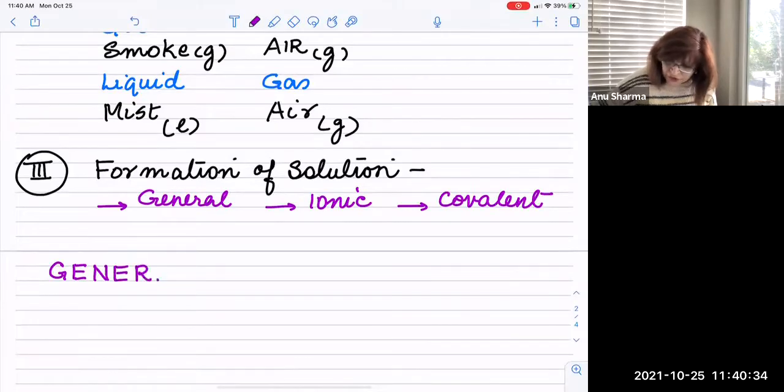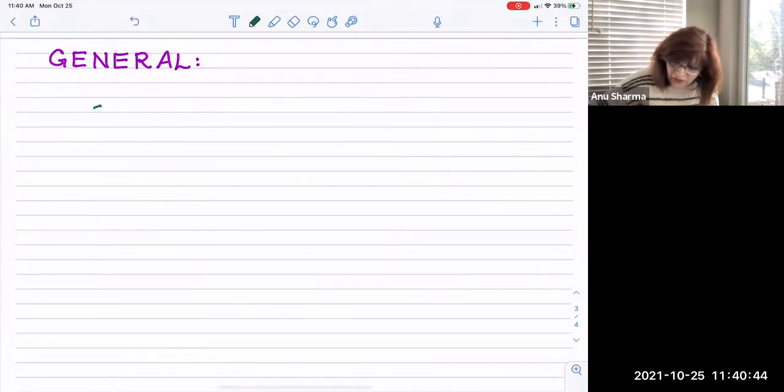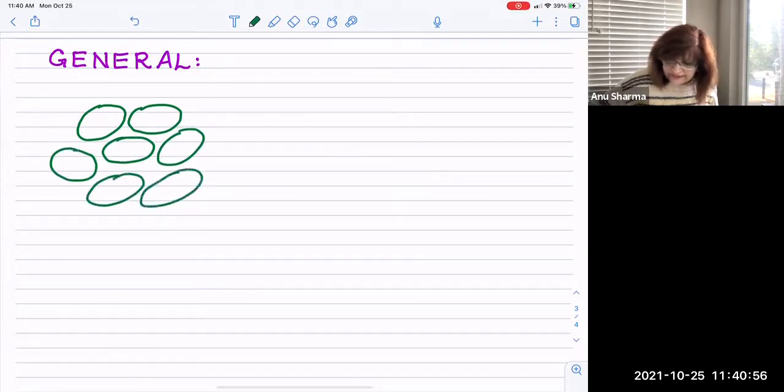So how do the solutions form? Keep this in mind: atoms and molecules are basically electron clouds. They are arranged like clouds by themselves.